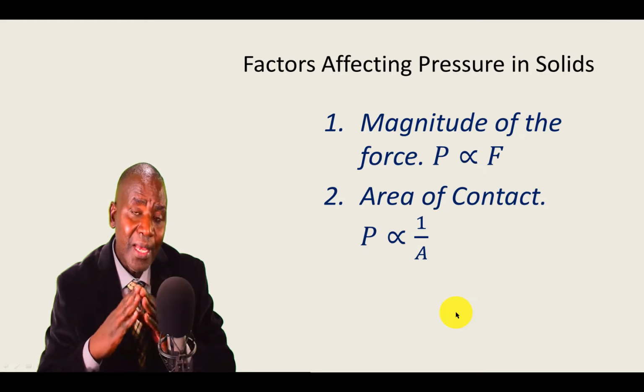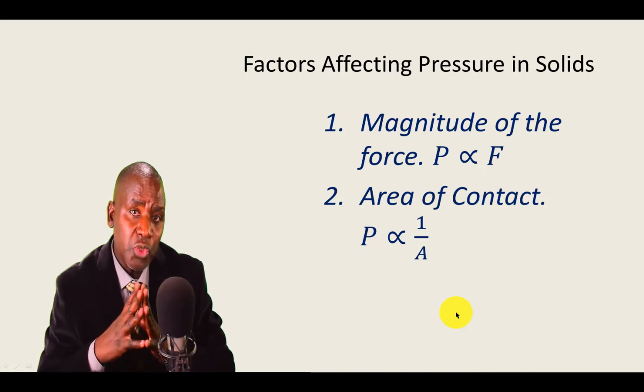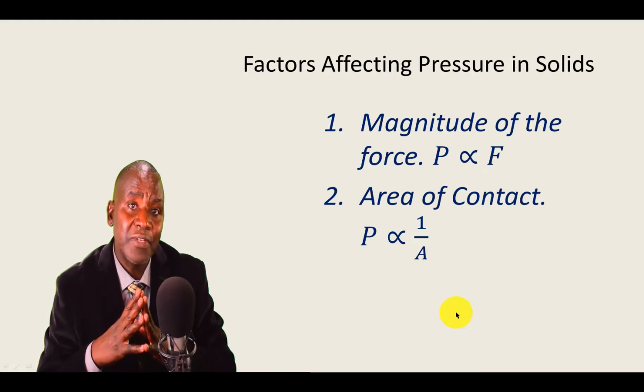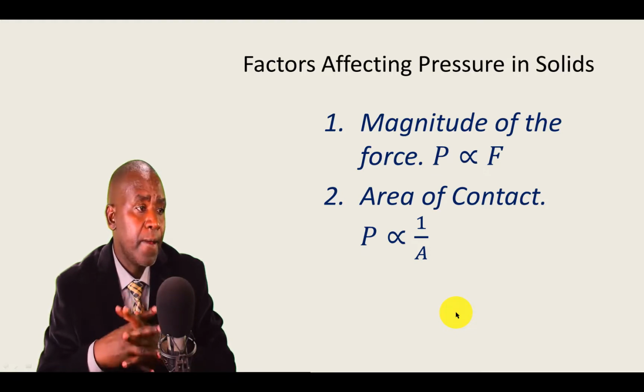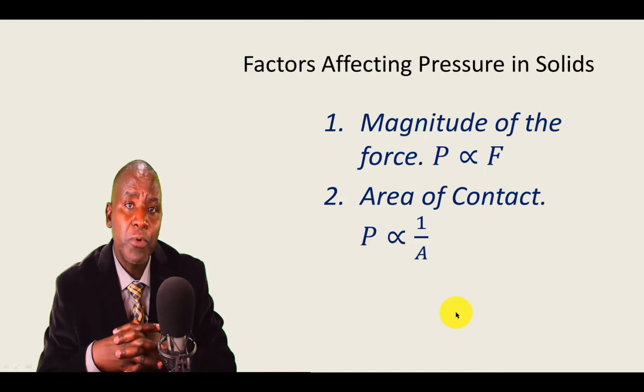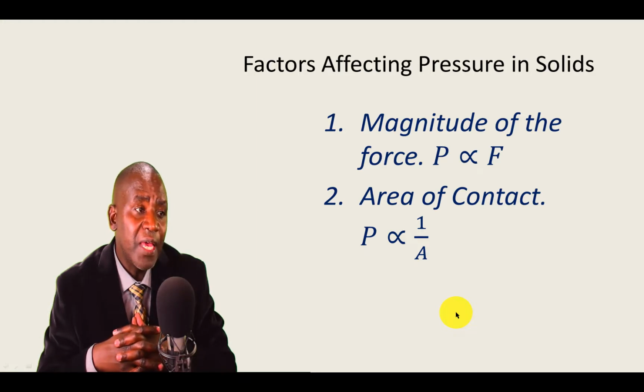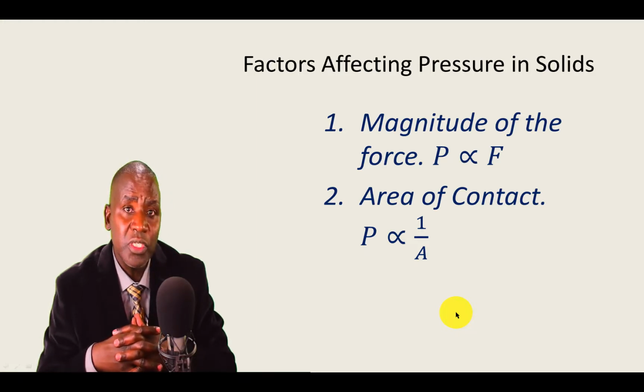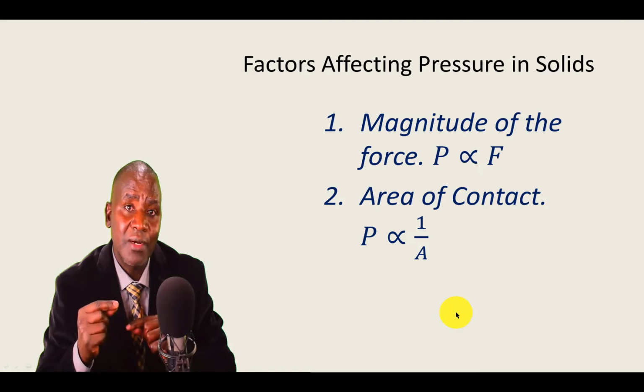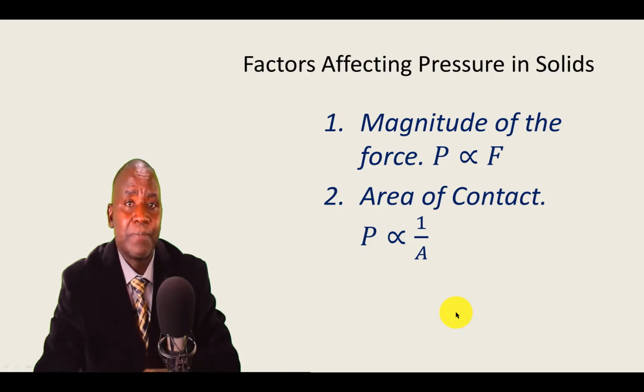So that area of contact between the 2 objects is what matters. It is not the surface area. So pressure is inversely proportional to the area of contact. What does this mean? If area of contact is doubled, the pressure is going to be halved, and vice versa.